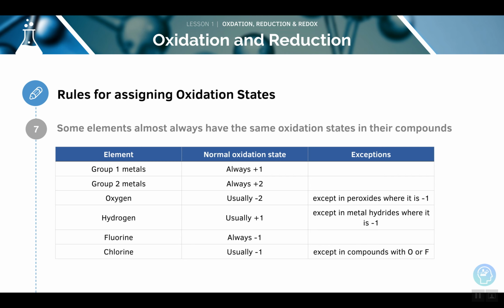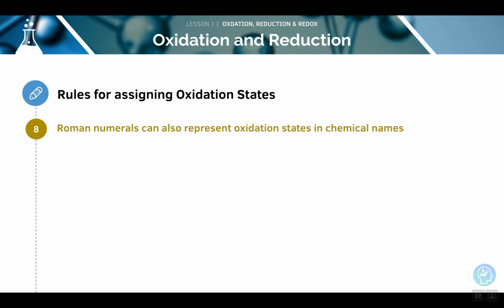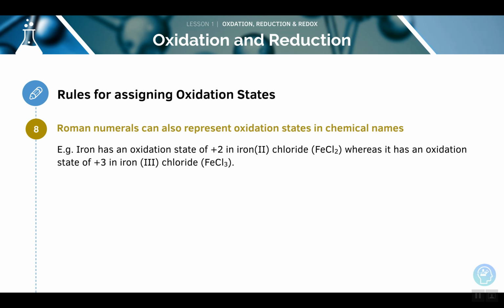We can see a table of these here. For example, group 2 metals will always have a normal oxidation state of +2. Our final rule is that Roman numerals can also represent oxidation states in chemical names. An example involving iron is shown here.